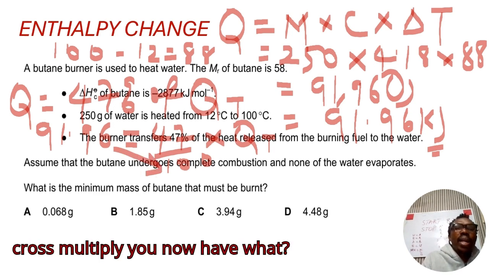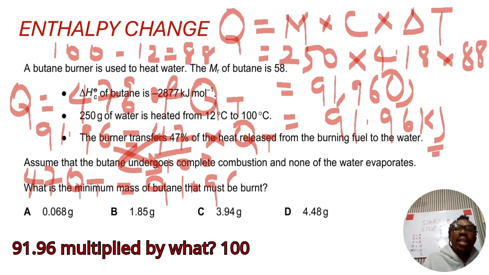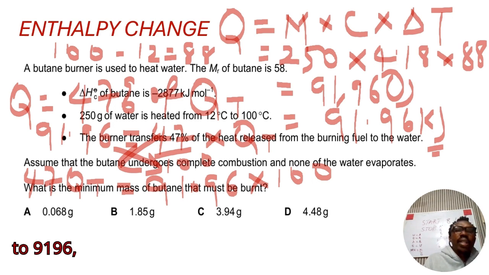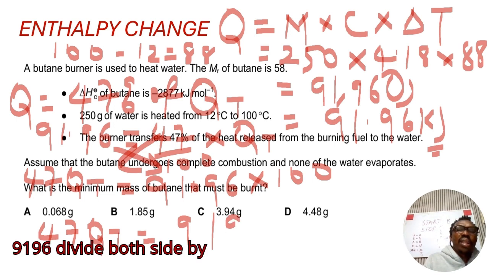We cross multiply. You now have 47 QT is equal to 91.96 multiplied by 100, which is equal to 9,196. So 47 QT will be equal to 9,196.